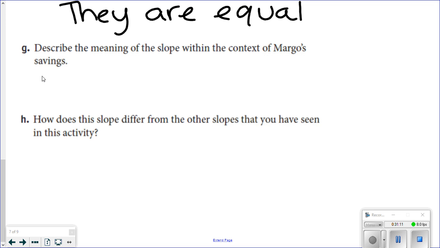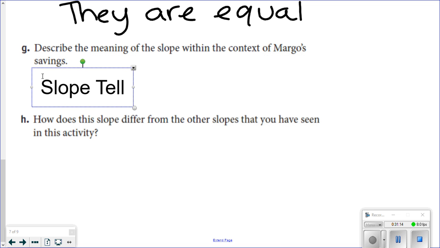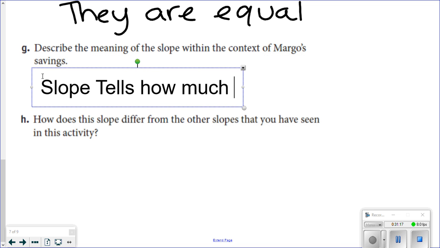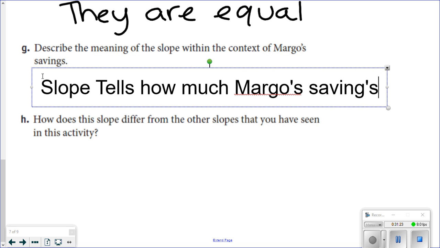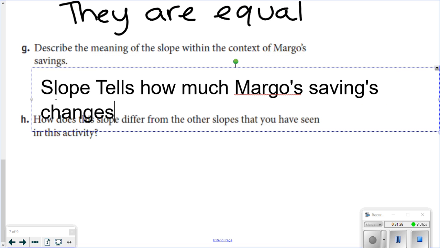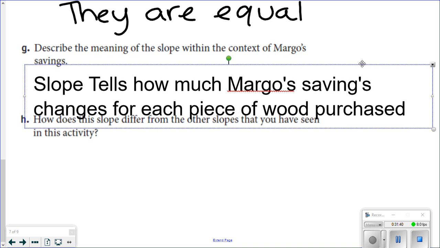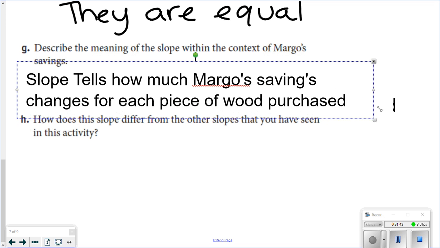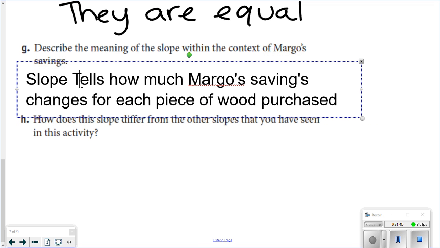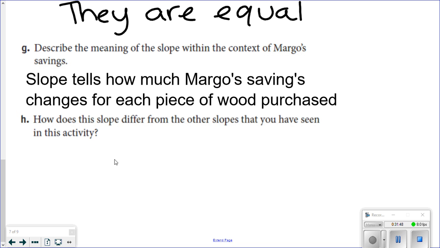Well, the slope tells how much Margot's savings changes for each piece of wood purchased. Right, our slope is -3. That makes sense because each wood costs $3.